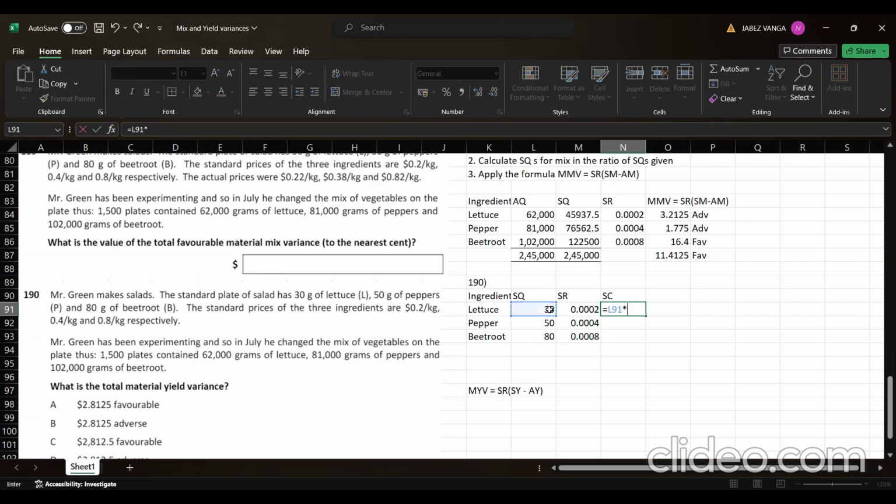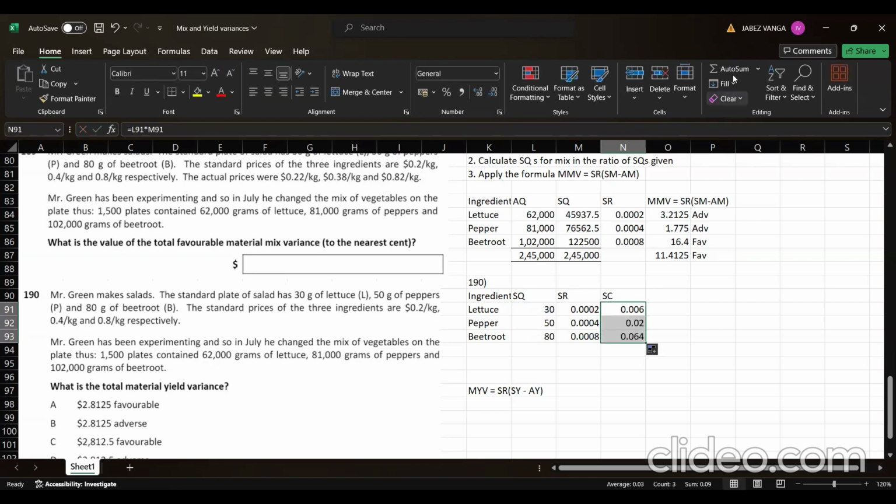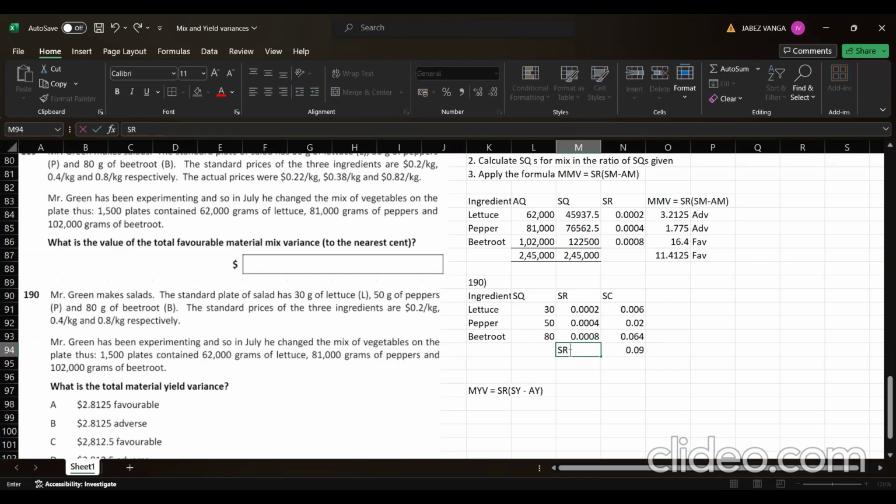And just multiply these two, and then find out the sum total of it. So this becomes the standard rate per plate. Standard rate per plate is 0.09. That's fine. We do know what is actual yield.